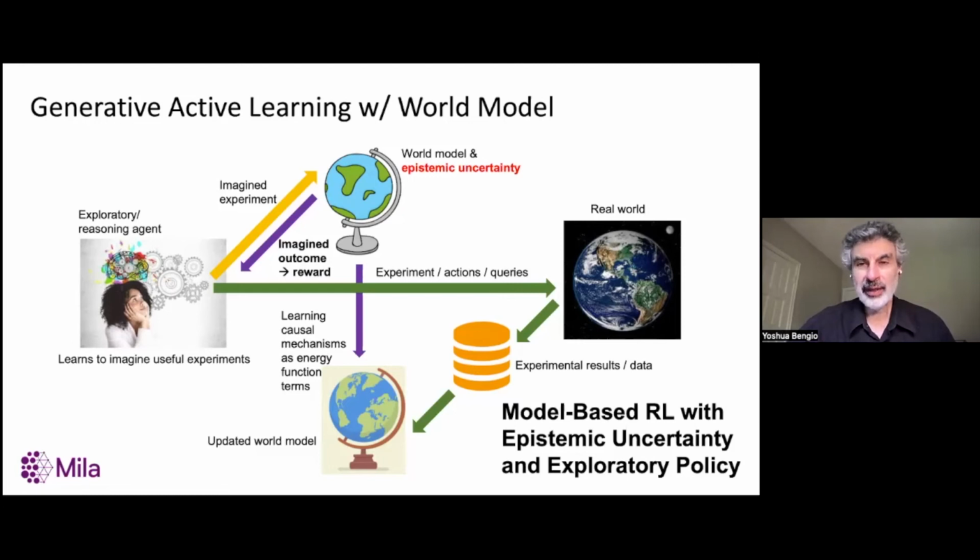Now, an important aspect here that's maybe different from many things you will find in model-based RL or machine learning is that we don't just want to train by supervised learning to predict outcomes given experimental conditions, but we also want to learn about the epistemic uncertainty I talked about before.